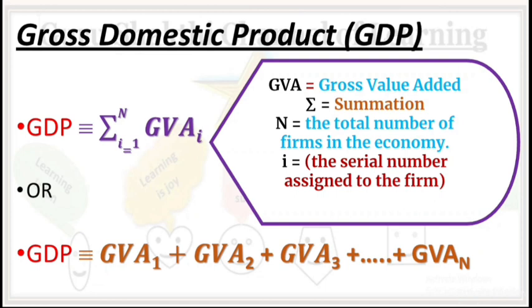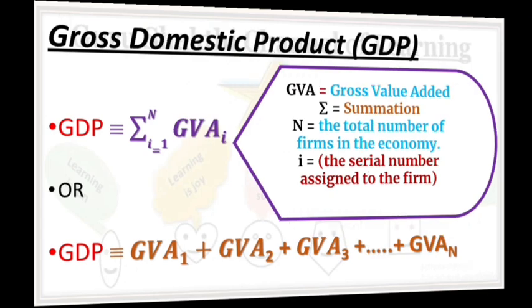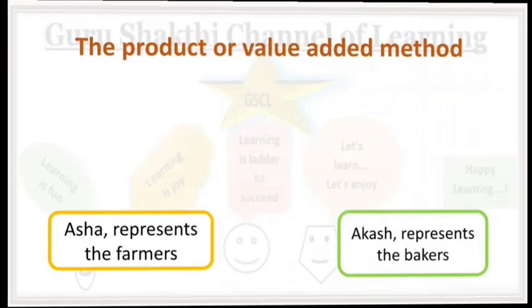In order to understand how the given formula was arrived at, let's consider an illustration. Imagine there are only two kinds of producers in the economy, which is obviously not true, but in order to make the process of understanding easier, this imagination helps us.